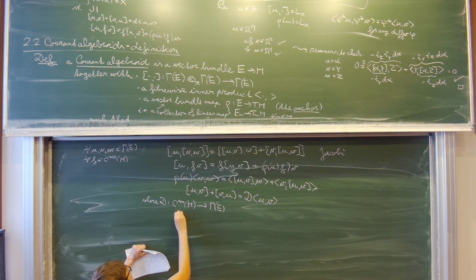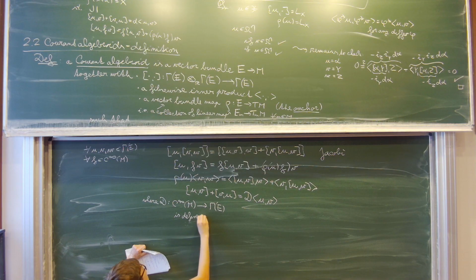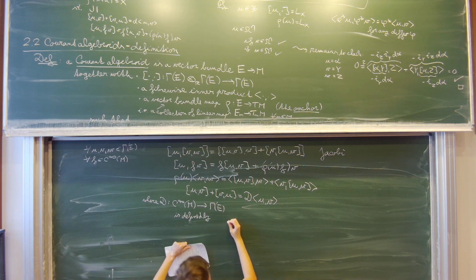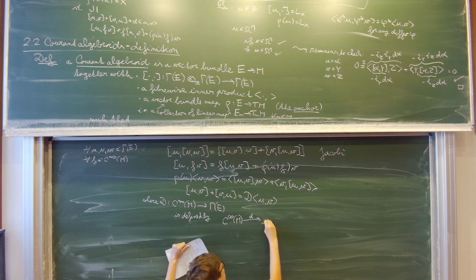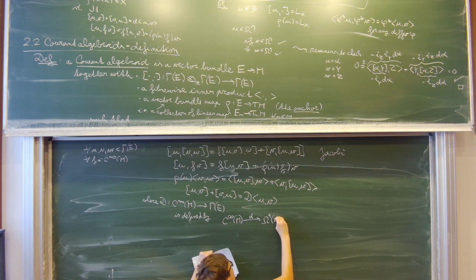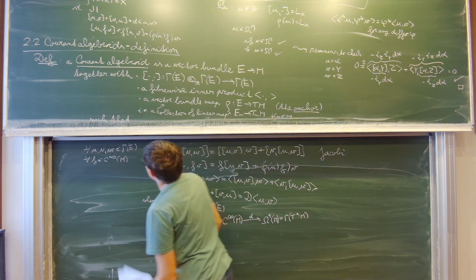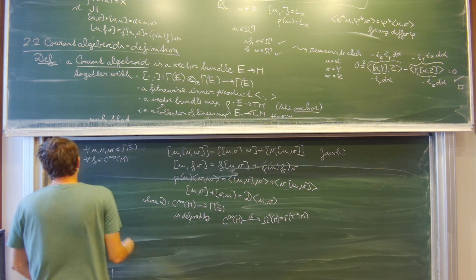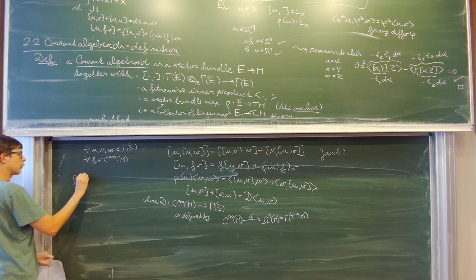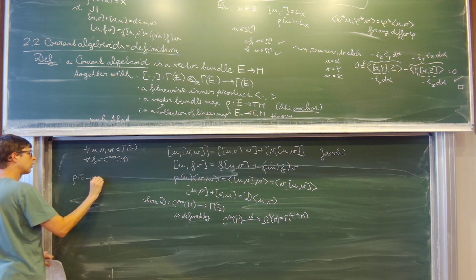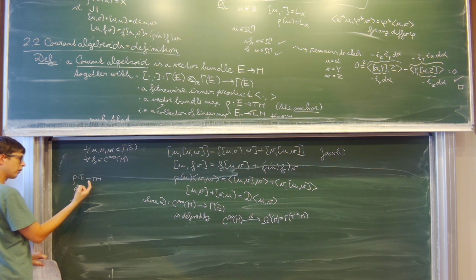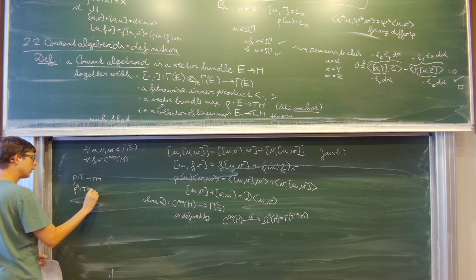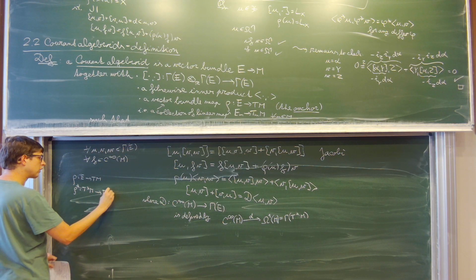And how do I define this? You take a function, you apply d to it, you get a one form, which is secretly the same as a section of the cotangent bundle. Now you remember that you have the anchor map, which goes from the bundle to TM. I have to take the dual of that. The dual of that map will go from the dual of TM, which is T star M, to the dual of E, which is E star.